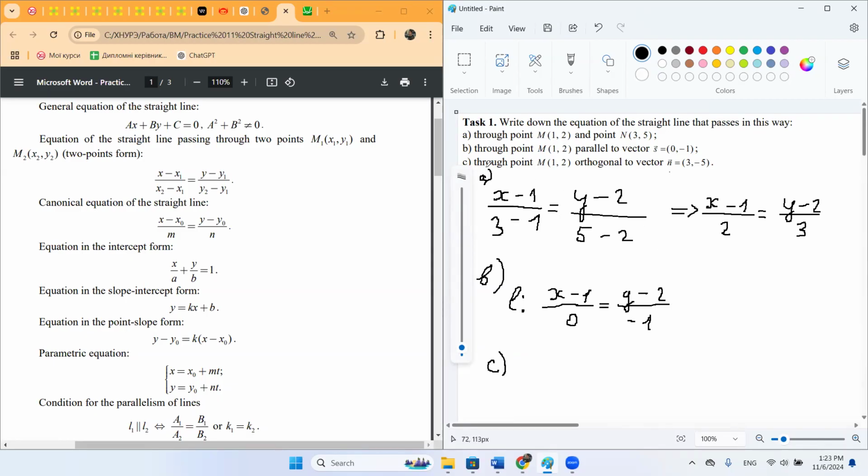Okay, and what about C? The line is orthogonal, perpendicular to vector n. Which form can we use?